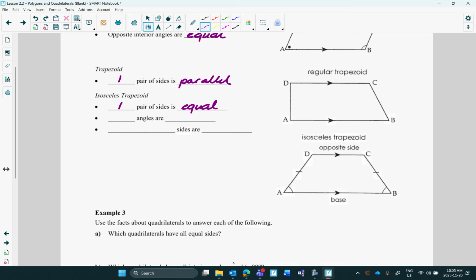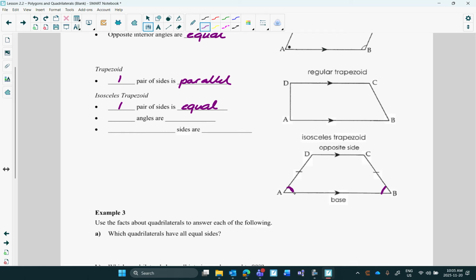In an isosceles triangle, two sides are equal. In an isosceles trapezoid, two sides are equal, the other sides are parallel. Okay? If these two sides are equal, the angles on the bottom are also equal. They're also going to be the same measure.